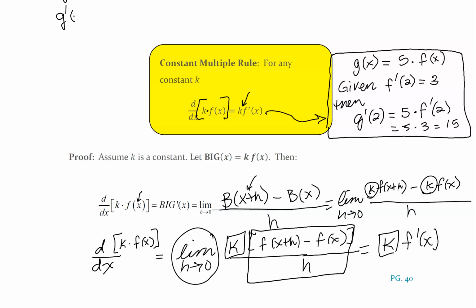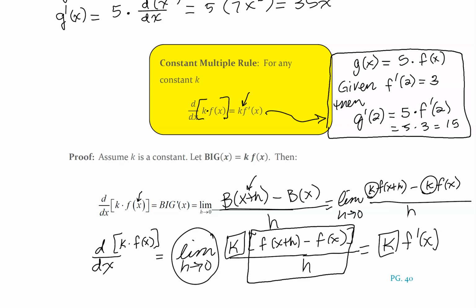What is the derivative of g? Well, that would be 5 multiplied by the derivative of x to the 7th. That's what this constant multiple rule says, which would be 5 times 7x to the 6, and that would be 35x to the 6.